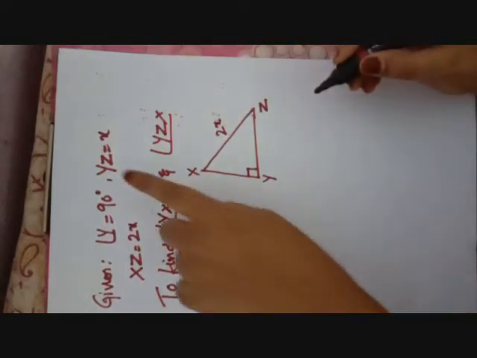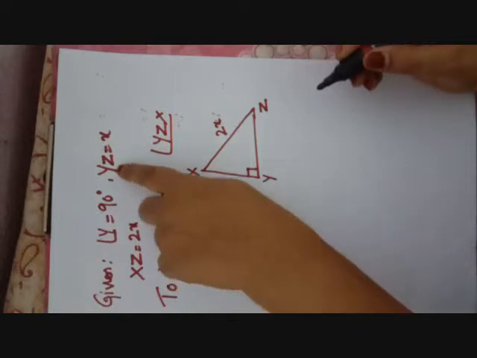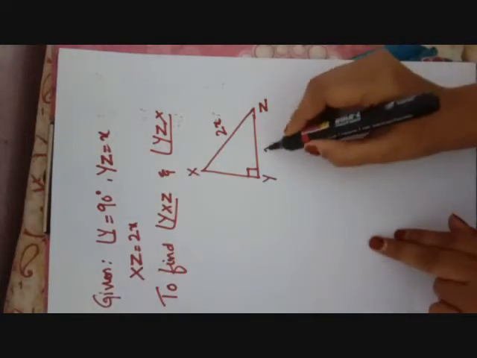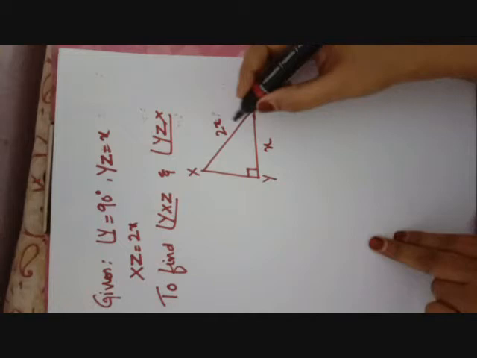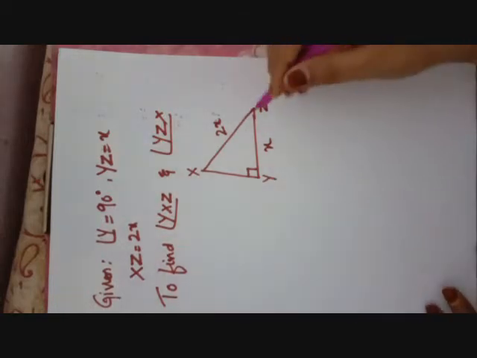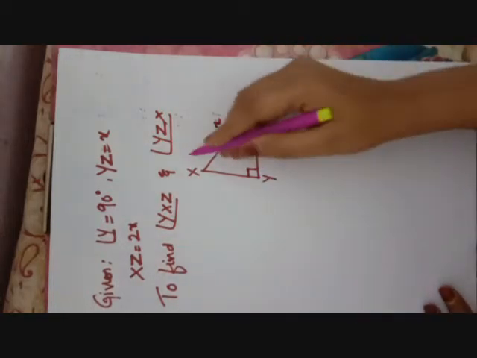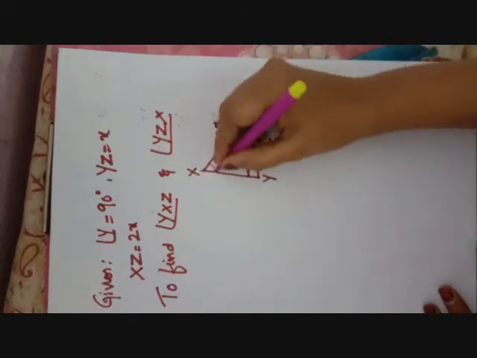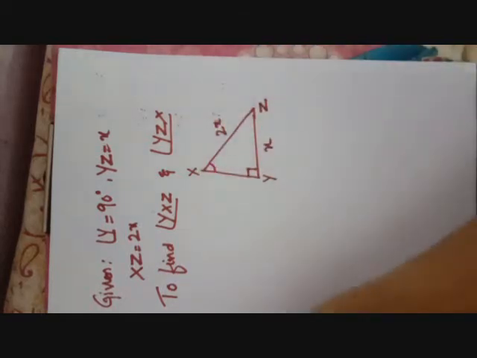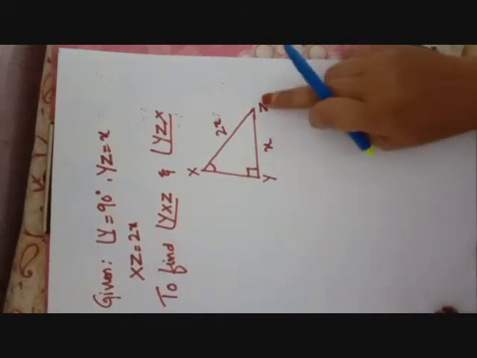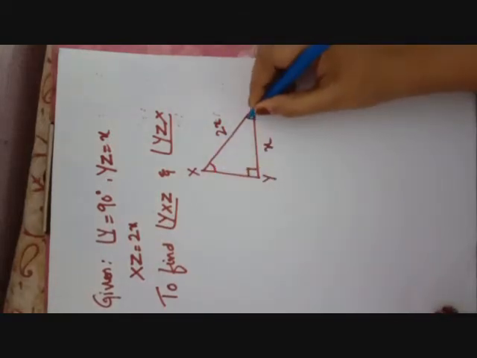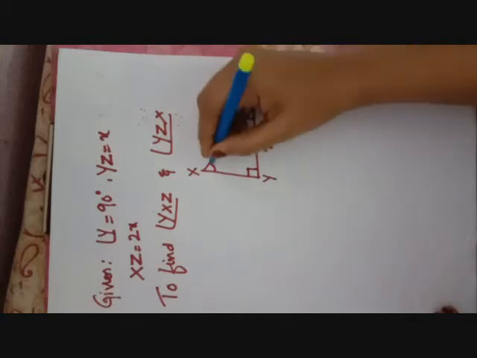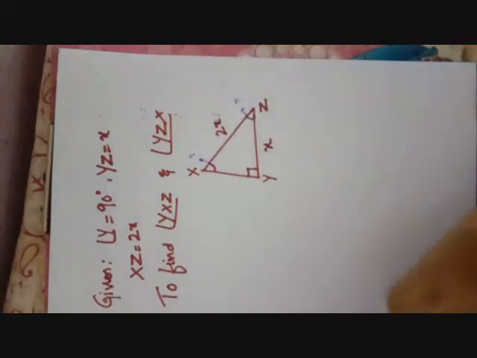And YZ is given as small x. We have to find, listen carefully, YXZ, this value, and we have to find YZX, this value. We have to find both these values.